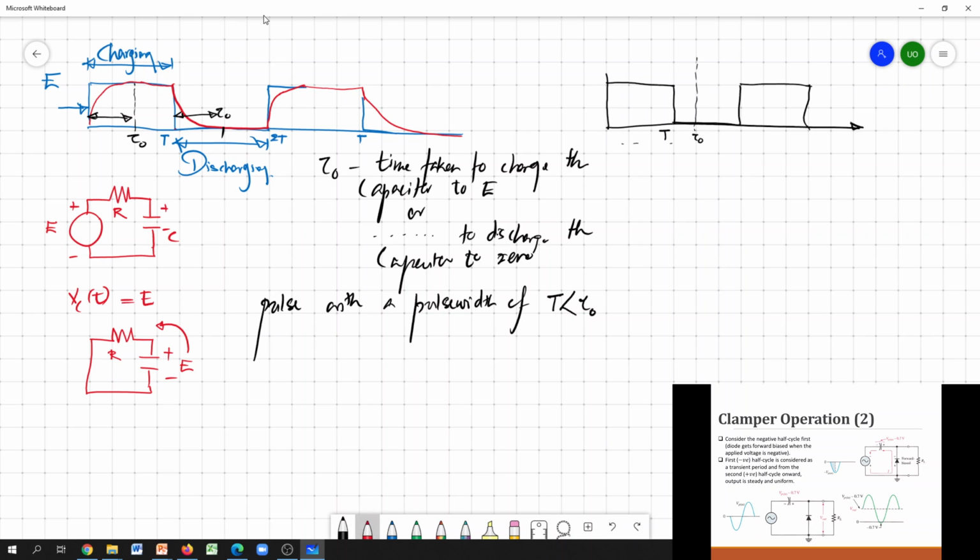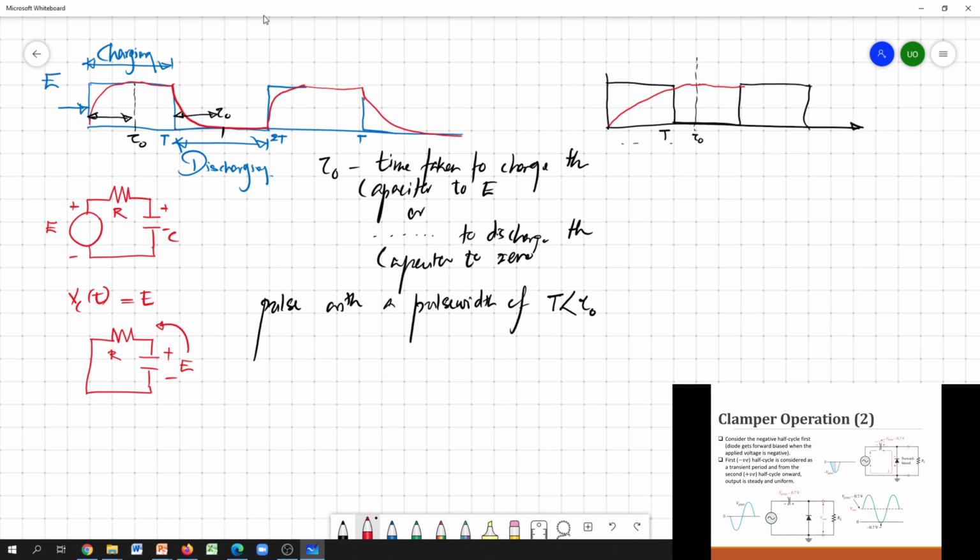So what happens to the capacitor? Ideally, if you apply a fairly long enough t value, the capacitor is charging like that. But unfortunately, before the voltage across the capacitor reaches E, we remove the source.